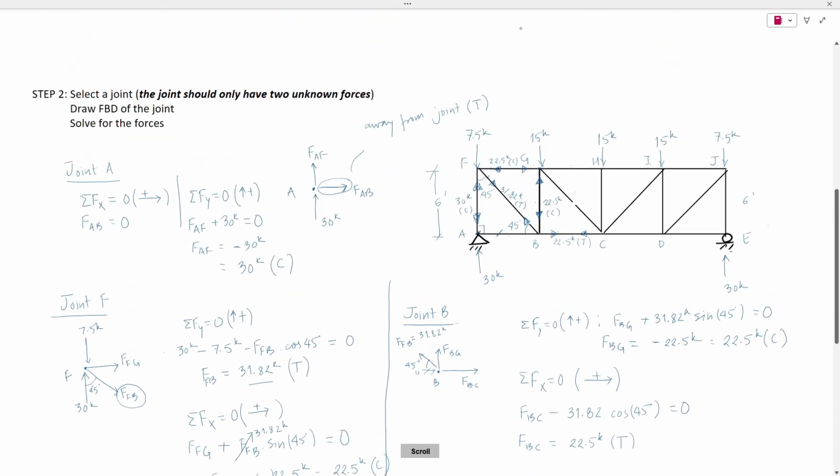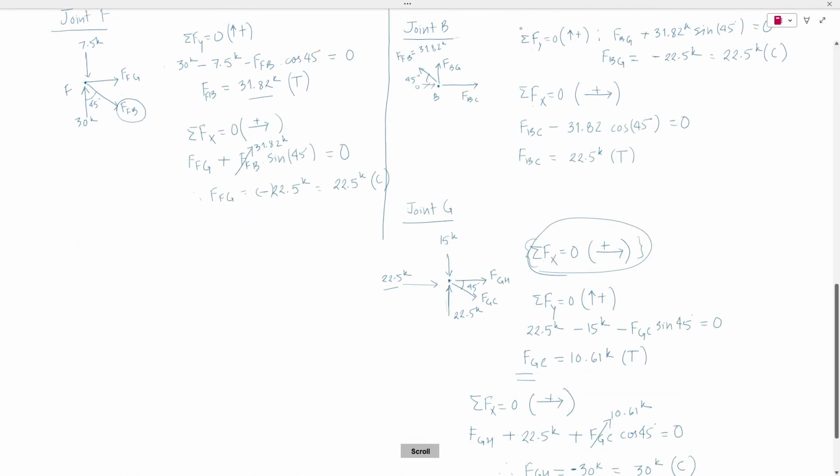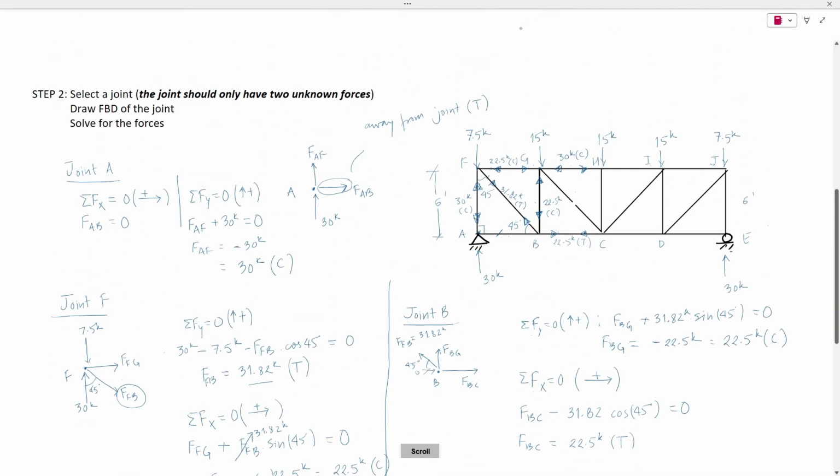So GH in compression, that's towards the joint again, 30 kips compression, and then GC is in tension, which we found out to be 10.61 kips, so away from the joint, 10.61 kips in tension. So this is how we find the member forces using the method of joints in a truss.